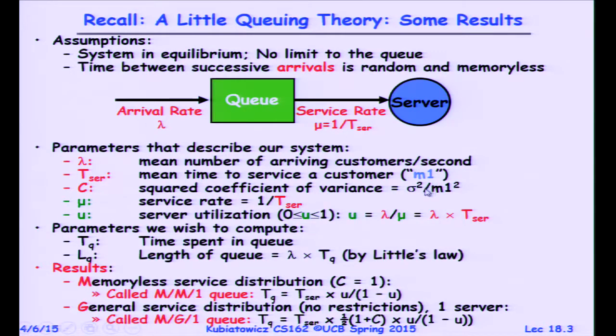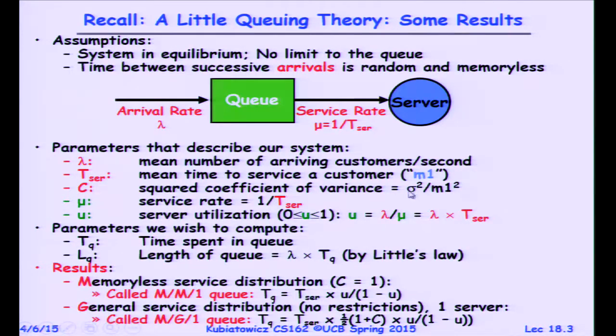And what's cool about that particular situation is you don't care actually what the shape of the curve of the distribution is at all. You just care what this C character is, which is the variance over the mean squared. So that's kind of a nice piece.